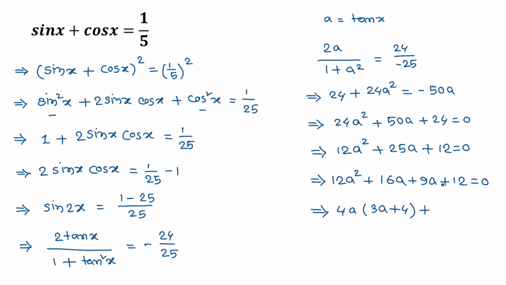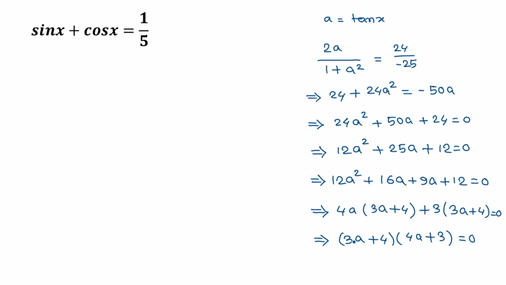Then taking common 3 from the other two terms, we can write plus 3 times 3a plus 4, since 12 divided by 3 is 4, is equal to 0. Or 3a plus 4 taken common, 3a plus 4 times 4a plus 3 is equal to 0.